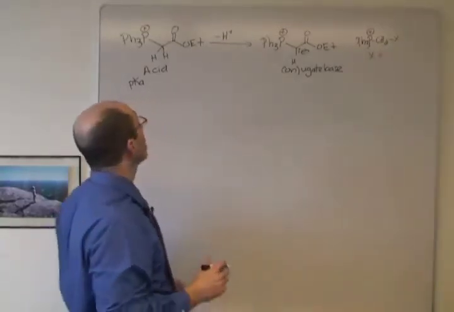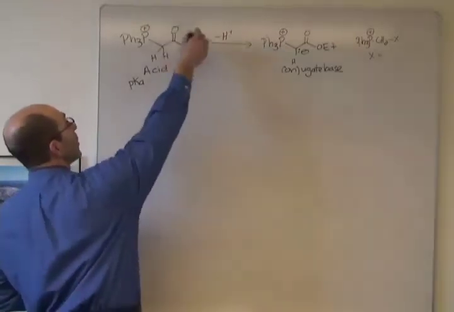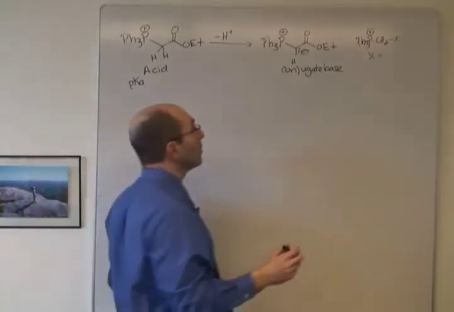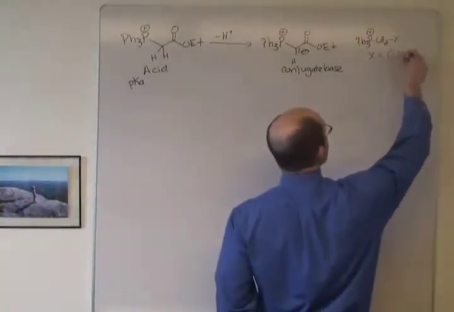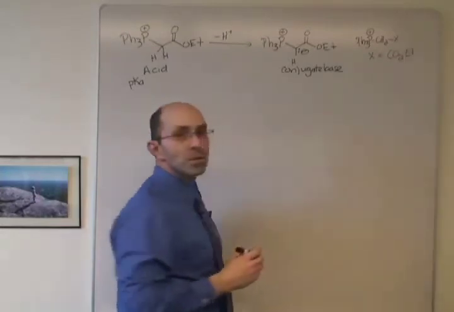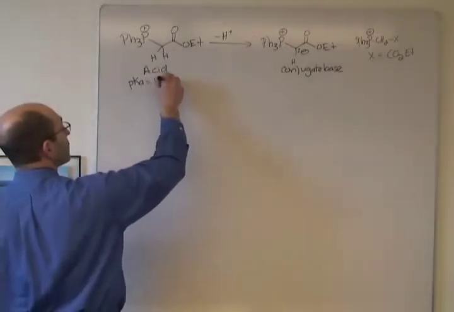And the key thing was recognizing that X is this group right here, and if you figure out the molecular formula for that group, it's CO2Et. And if you look up where X equals CO2Et, then you find the pKa for this thing is equal to 8.5.